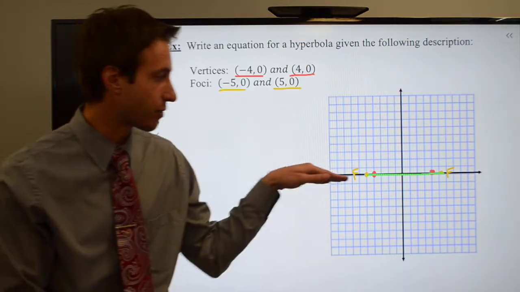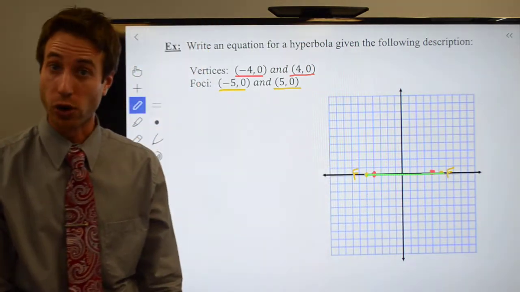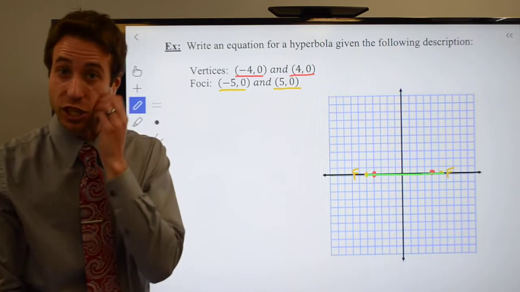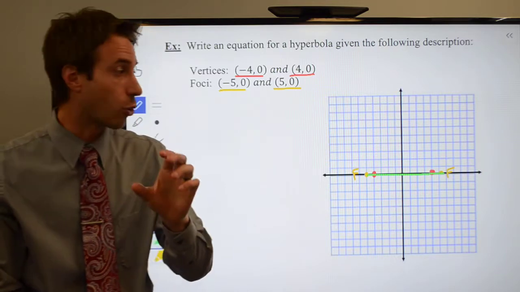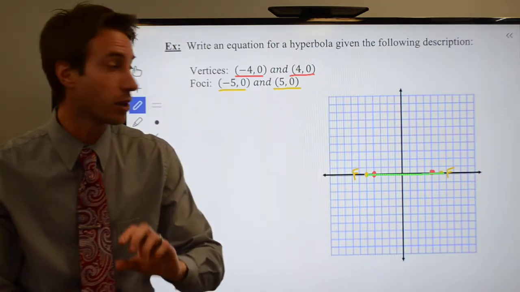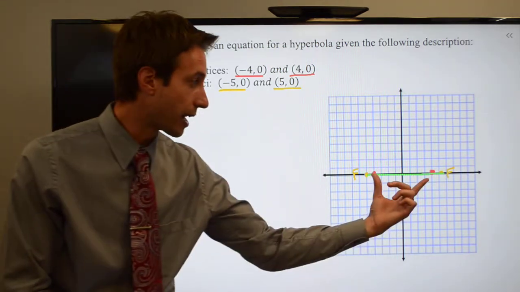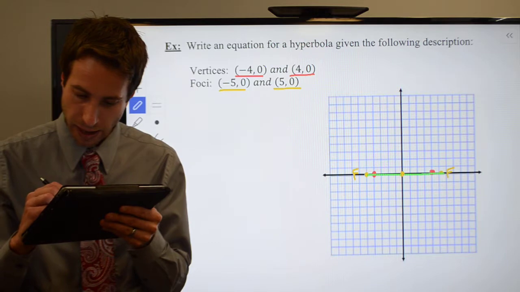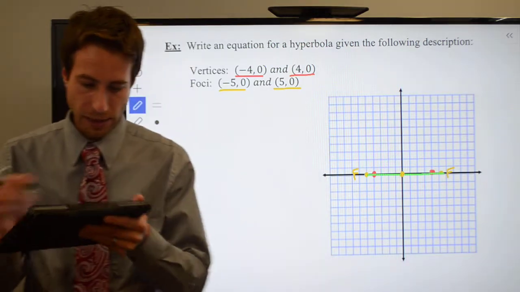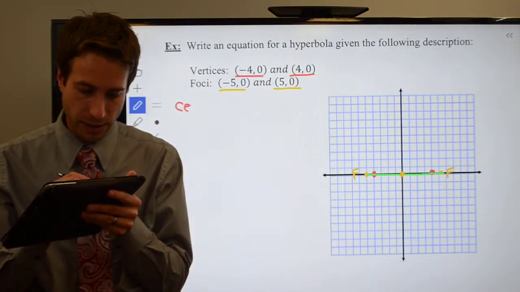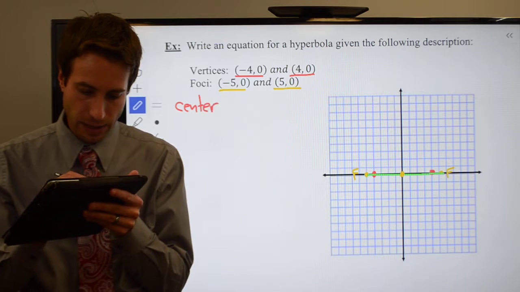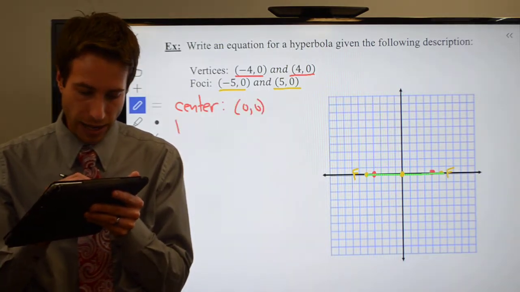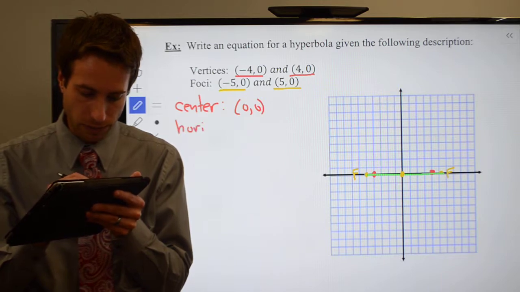So because my transverse axis is horizontal, I'm going to need to use the formula for a horizontal hyperbola, and check it out, it's centered at the origin. My center is right there. So I know that I am centered at the origin, centered at 0, 0, and I know that I am horizontal.